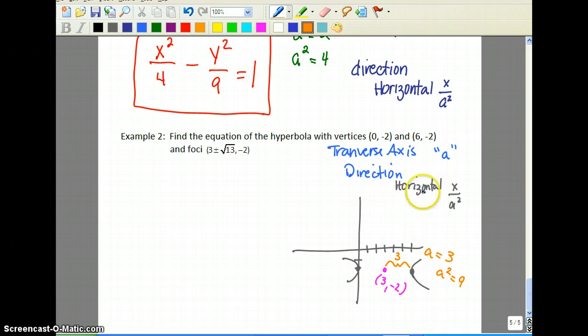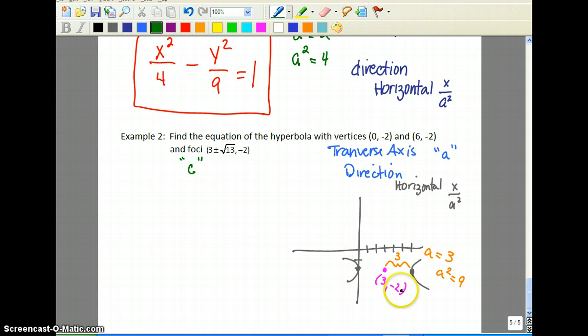Now we've got the direction, we've got the a squared, and we've got the h, k. What we need is the b. But they talk about the foci. So we need to be thinking foci, they're giving us c because that's what the foci are. Well, these are the foci points. So think about it.